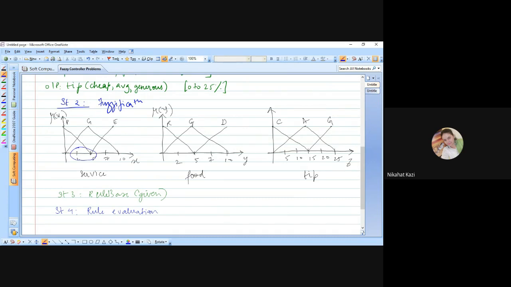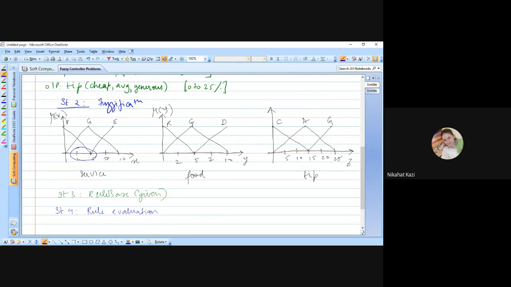So that in the if part for service, if there is a rule with service is poor and service is good, then you have to take that rule. Correct? That is the meaning of this, right? The value of service is 3, so it is overlapping in these two.